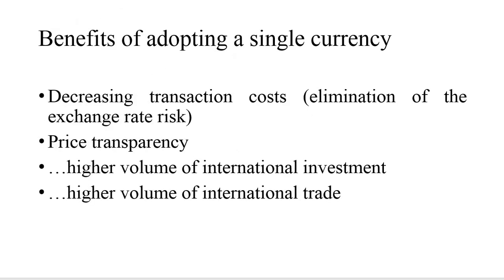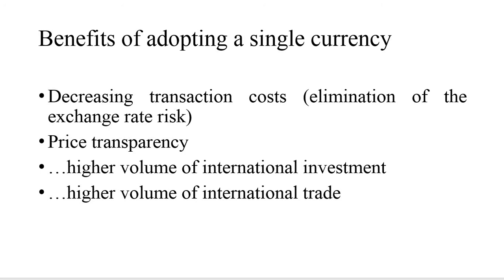Obviously there are benefits of adopting a single currency, and in the European Monetary Union there was quite a long period of prosperity, because nothing really happened in the world which could affect countries in the European Monetary Union. Everything was nice, everything was stable. They benefited from decreasing transaction costs, caused by the elimination of exchange rate risk, and a higher degree of price transparency.